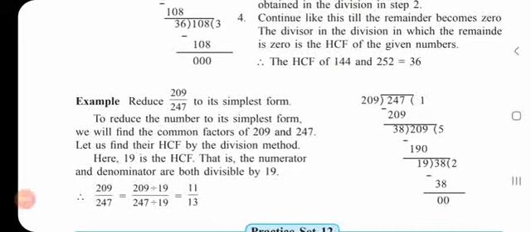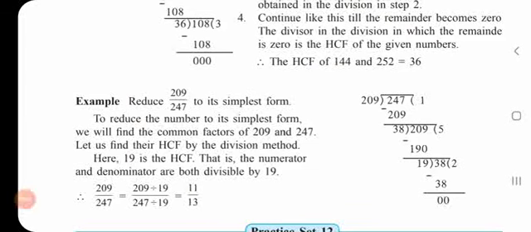For example, 209 divided by 247. By the division method, it will be like this: 209 and 247, and lastly when the divisor is 19, at that time we get remainder 0, meaning in this case the HCF is 19. So in these two numbers 209 and 247, 19 is the HCF.